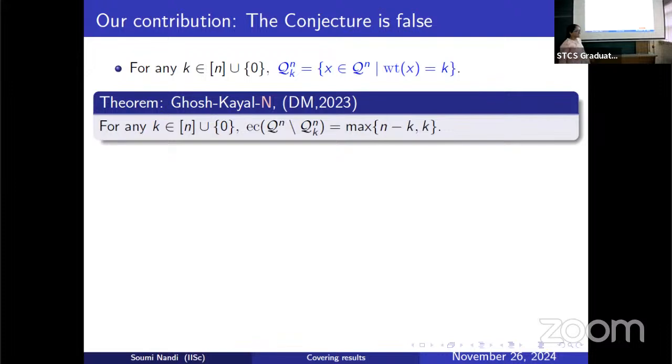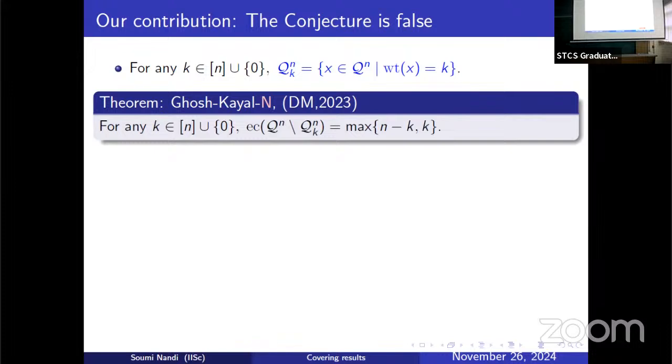If the restricted set is just a single layer, that is, we want to cover all the points that have either more than k many ones or less than k many ones, and I want to leave all those points with exactly k many ones uncovered, then we have shown that we will require at least this many hyperplanes.